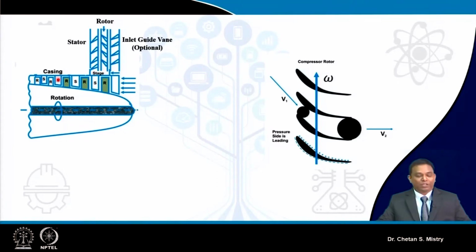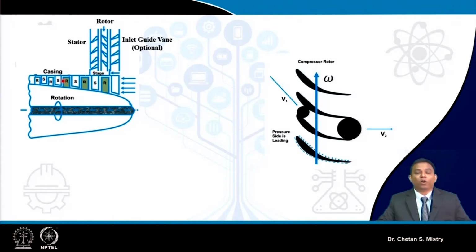To satisfy the continuity equation, if I assume the axial velocity with which the flow is entering is constant, the exit area is going to decrease. That's the reason why, if you look carefully, these blades are taller, and on the back side you will see the blades are shorter.